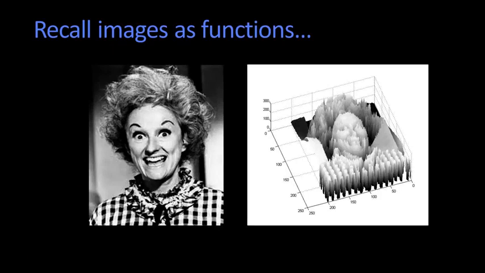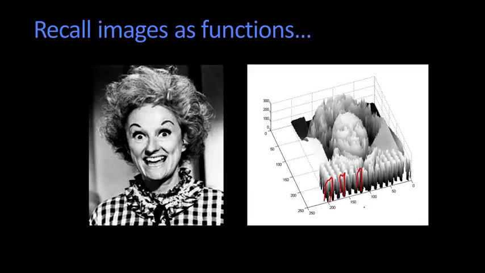To think about this, we have to return to our idea of an image as a function. So you remember, here's our comedian, and these were two different representations of the same function. One just happens to be shown to you as a picture, so you're used to seeing that, although it's pretty scary. And the other is shown as this height map, where the height was proportional to the intensity.